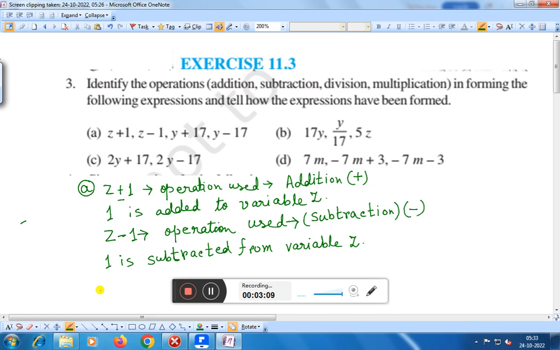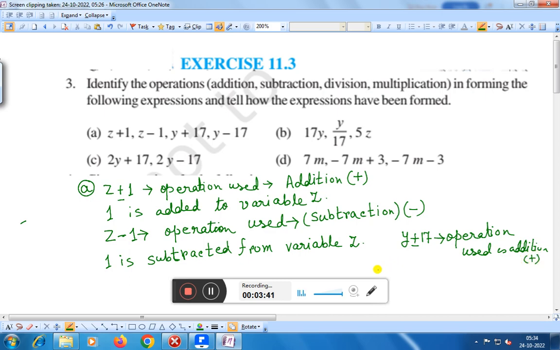Next one is y plus 17. Here also you see y plus 17, operation is addition. Therefore operation used is addition, and that is plus, right?